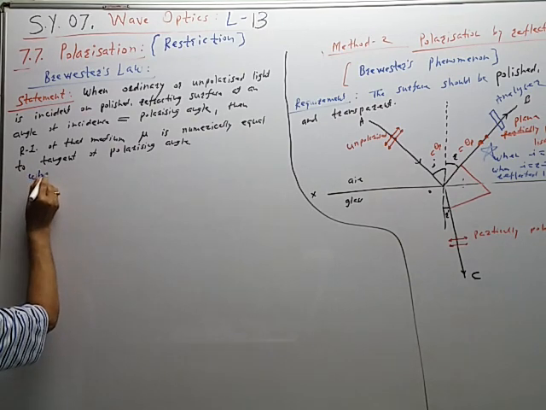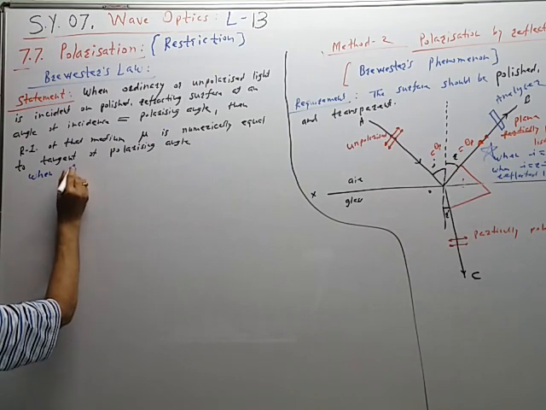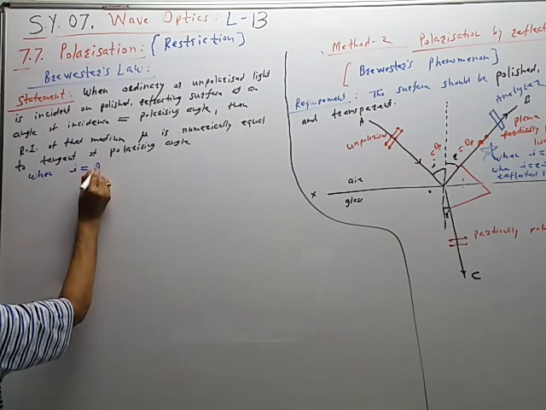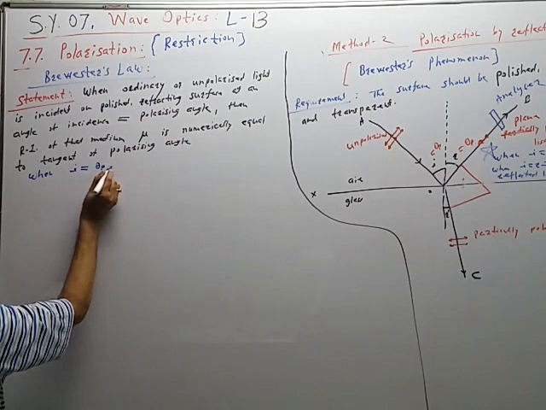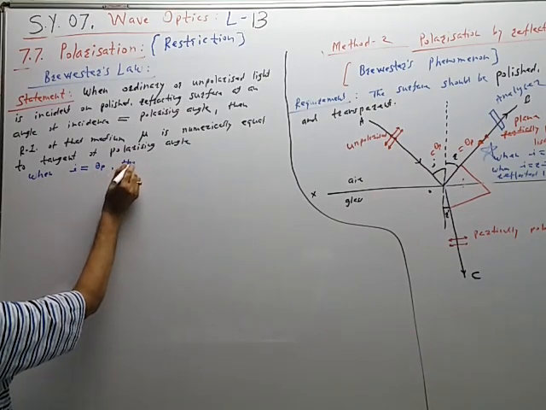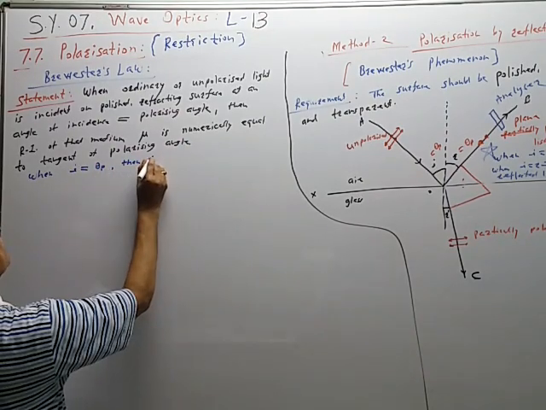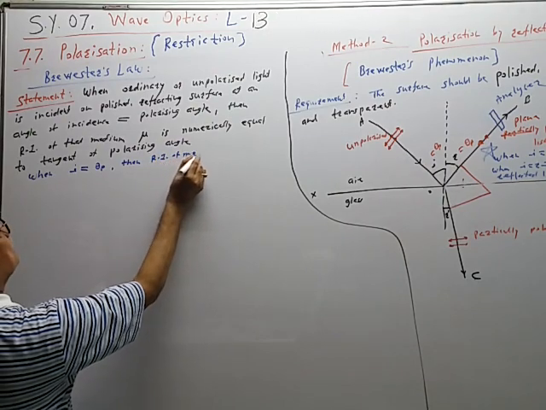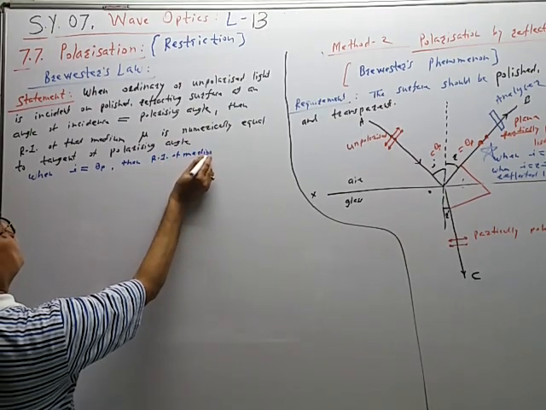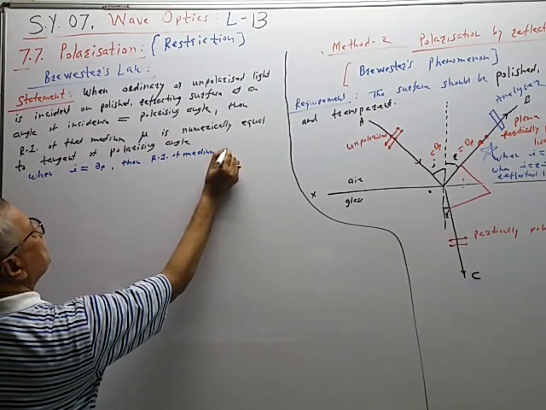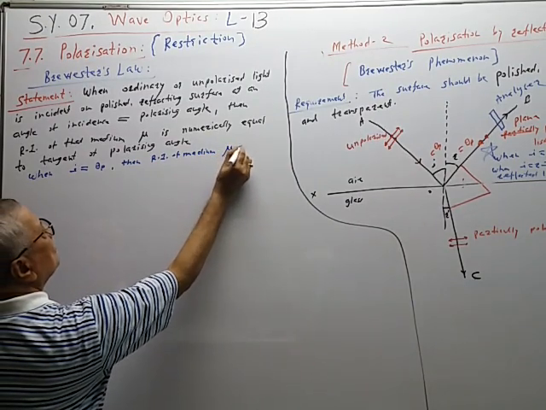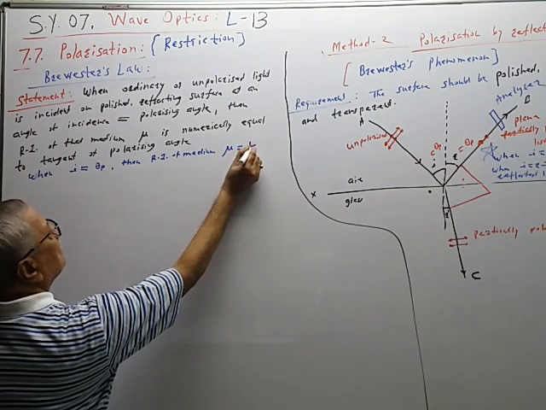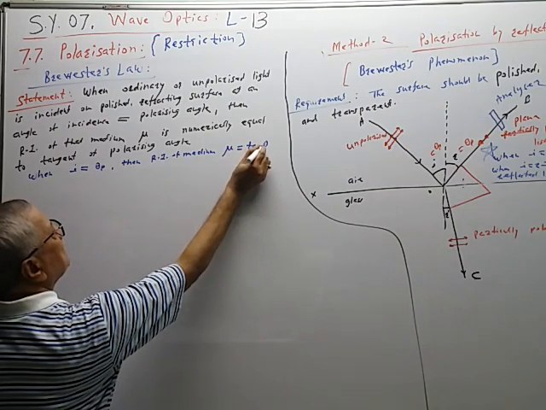When angle of incidence I is equal to theta p, then the refractive index of the medium mu is equal to tan of theta p.